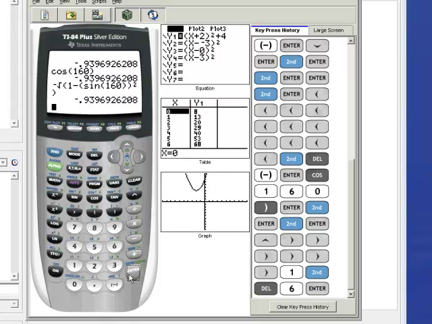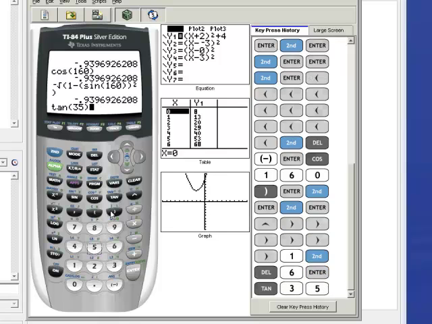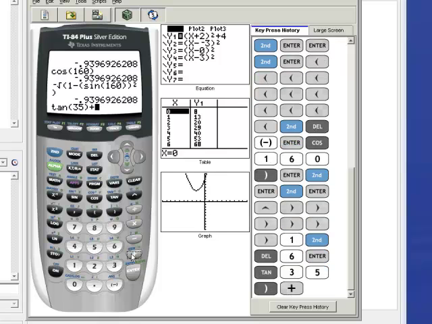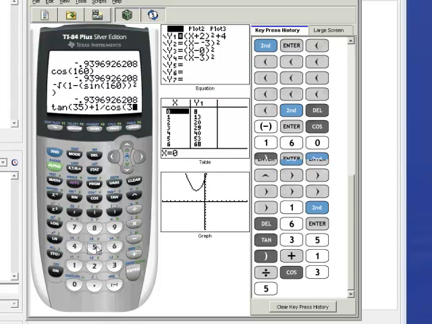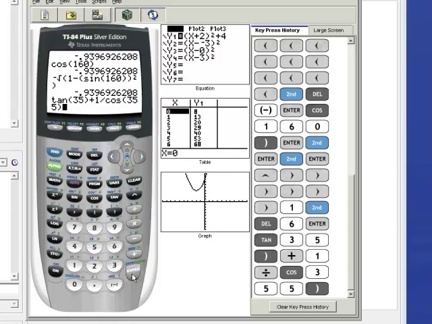So the next one is exercise B that I'm going to do, which says tangent of, let's use some kind of angle, maybe 35 degrees. Tangent of 35 plus the secant of 35, which I cannot do, so I have to do 1 divided by cosine, which is the same as secant.